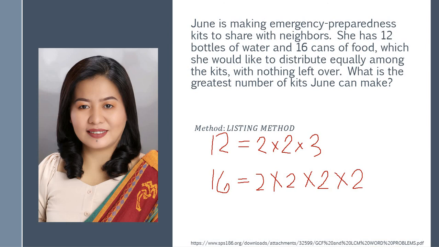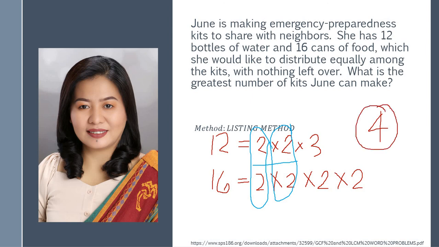Going back, 2 and 2 is common here and here. So there are two 2's on both 12 and 16. So we are consistent with our answer that the greatest common factor of 12 and 16 is 4, or the greatest number of kits that June can make with 12 bottles and 16 cans of food would be 4 kits.